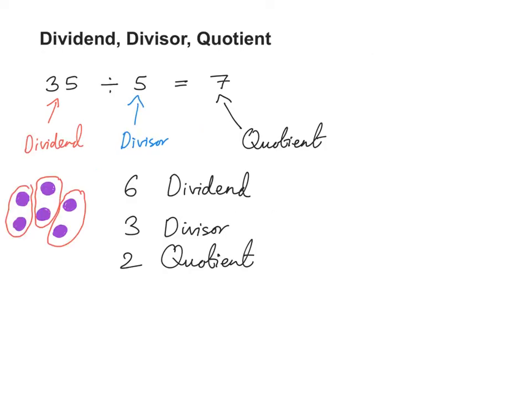Now, suppose we have a fraction. Let's say we have the fraction 2/5. Now, you have been taught that the top number is called the numerator and the bottom number is called the denominator.